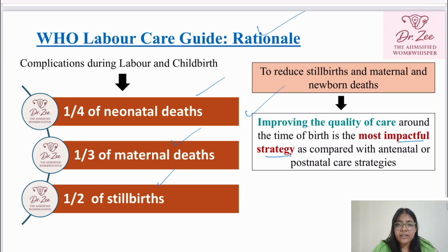Any antenatal or postnatal strategy is not as helpful as revising our strategies or being more careful during this intrapartum time. So for this, the WHO Labor Care Guide has come, and it has incorporated many changes as compared to the modified WHO partograph, which we'll be seeing now.